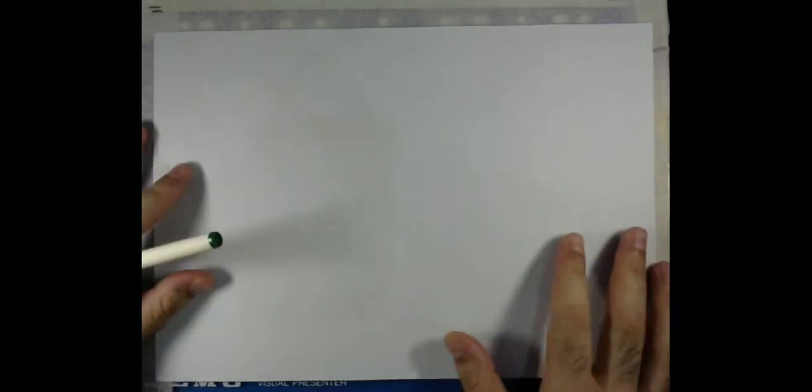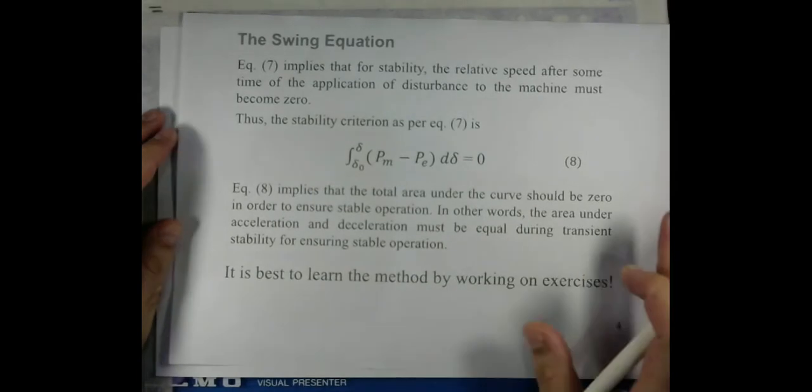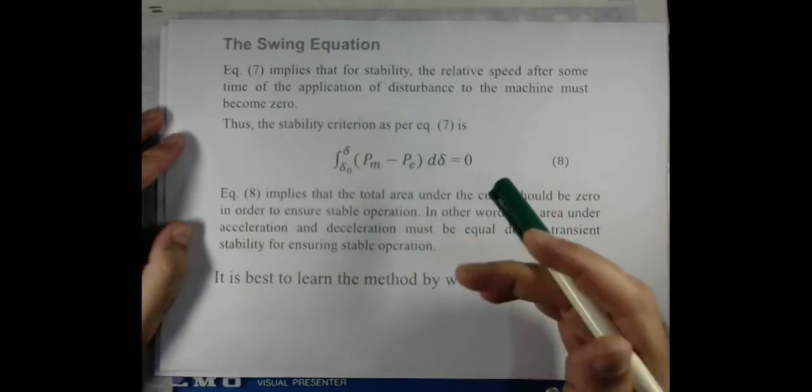So now let's take the case. Let's talk about the equal area criteria by, say, increasing the mechanical power. One can explain it either way.